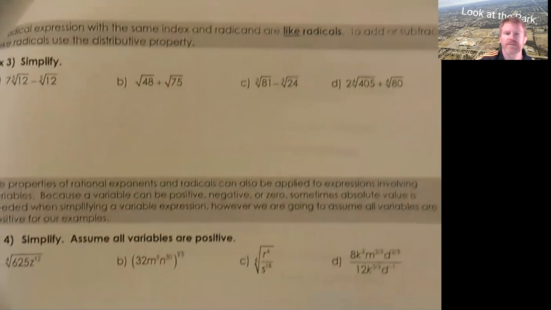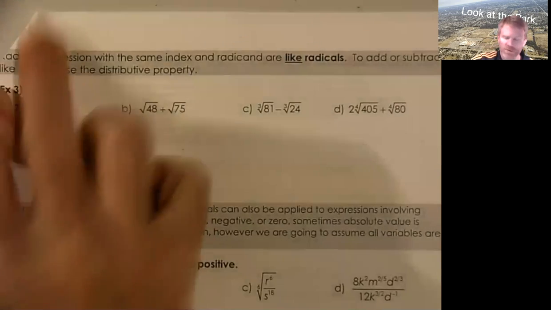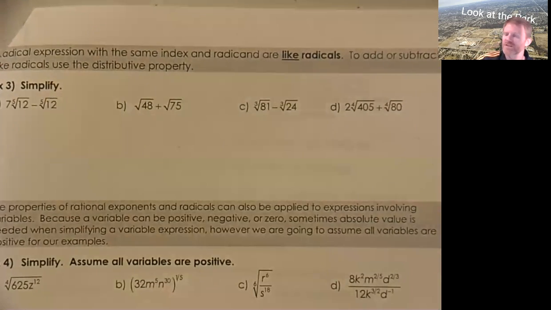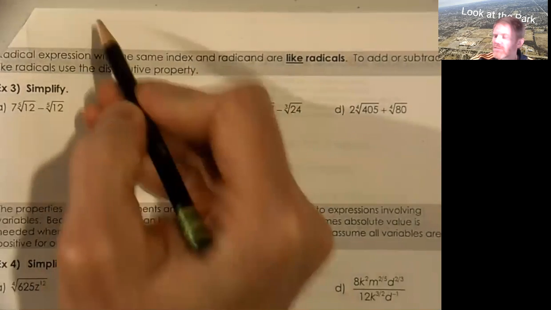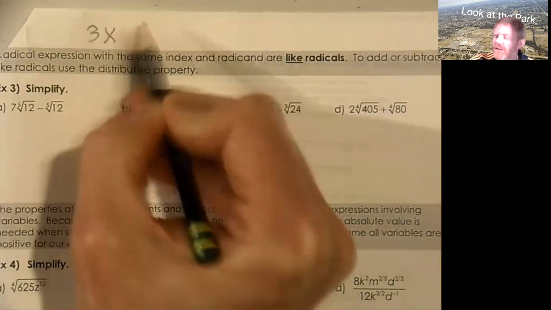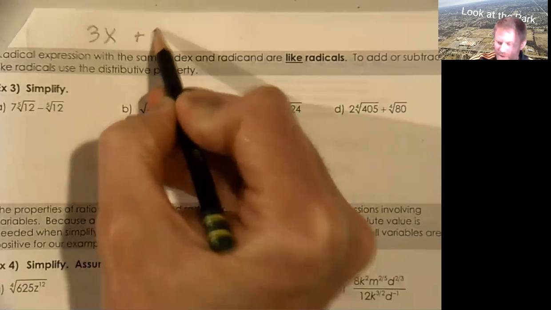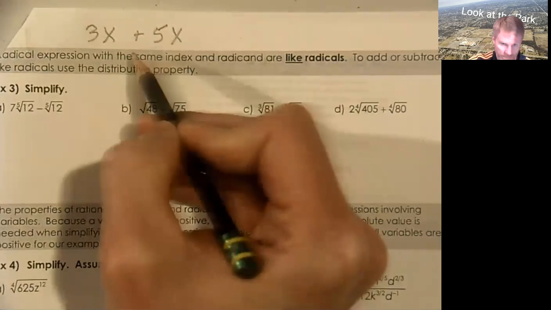Now it gets a little bit more complicated. First side was a little basic, just simplifying down. Now we have to start thinking. So let's just take two random terms, like 3x, I guess they're not totally random, and 5x. They're like terms.